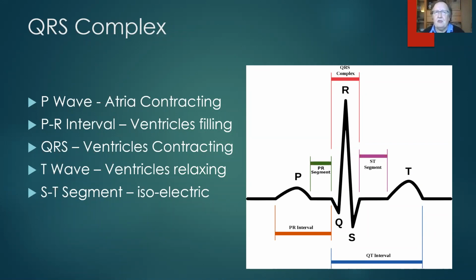So the ventricles contract, QRS complex, pause, ST segment, and then they start to relax, which is our T wave, which should be positive, upright. Important for us later when we look at ST depression and ST elevation, the ST segment tells us whether a patient is depressed or elevated, and we'll look at that later on. Next slide, please.